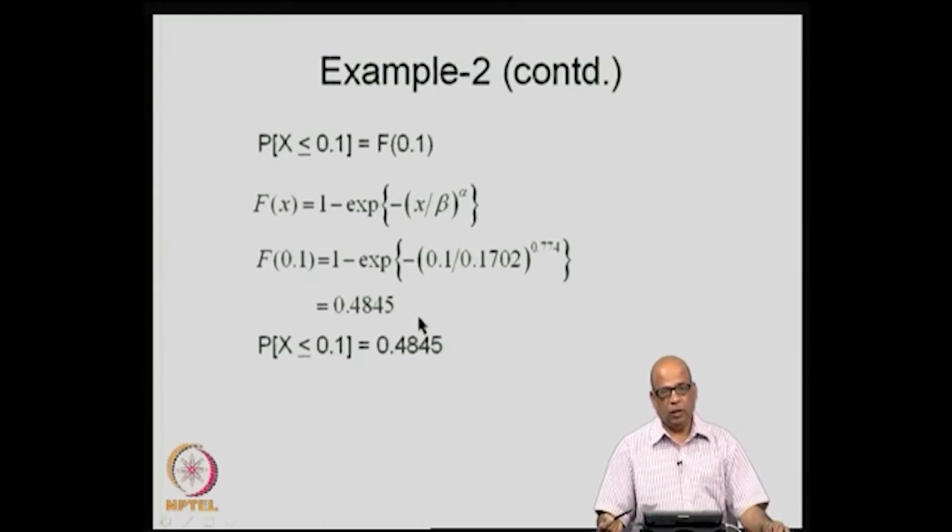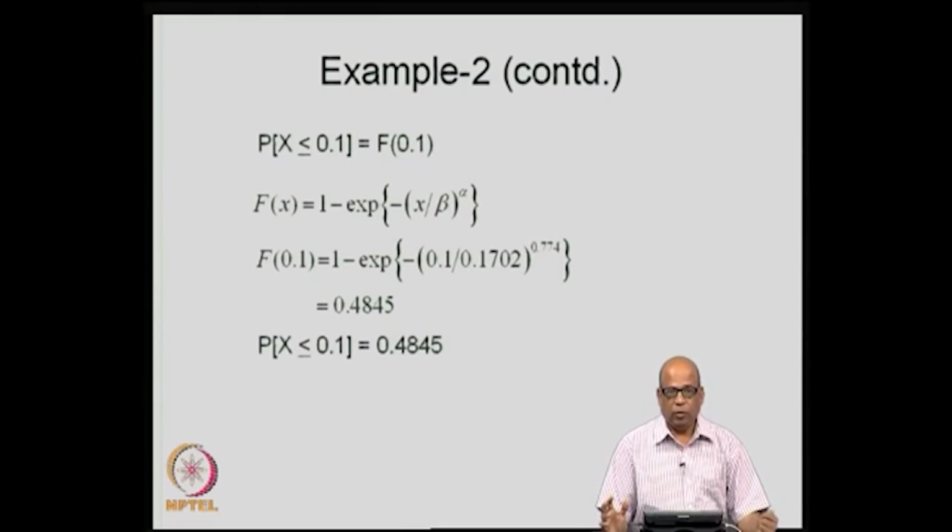So, essentially in the extreme value distributions, what we do is that we use either the type 1 distribution or the type 3 distribution, depending on whether you are interested in the lower extreme or the higher extreme.